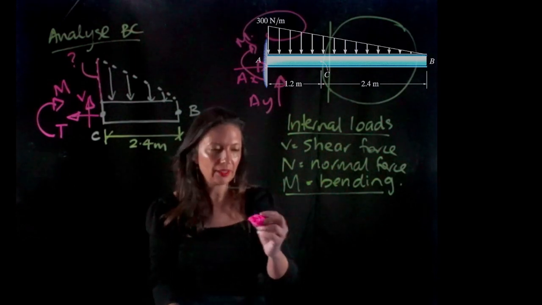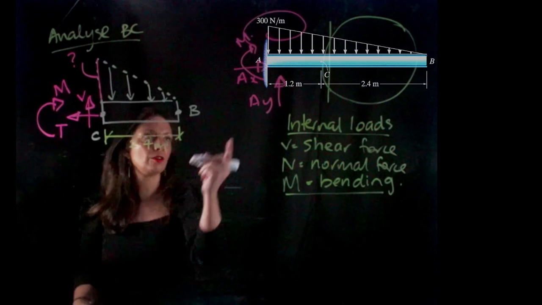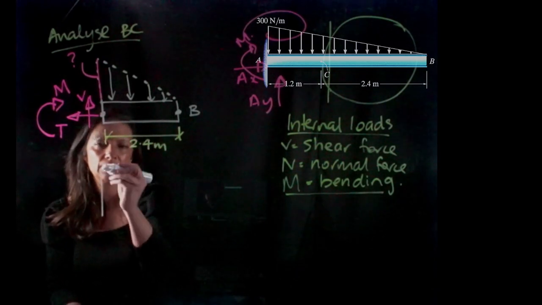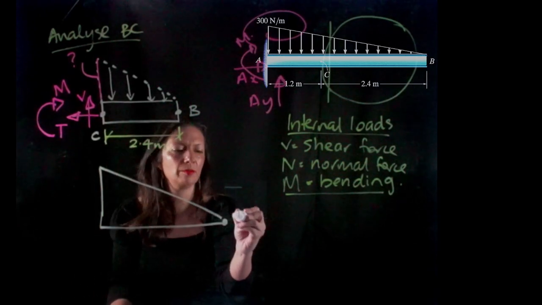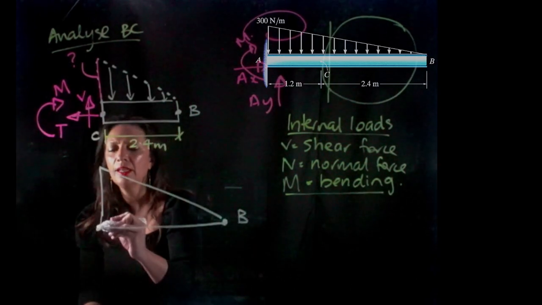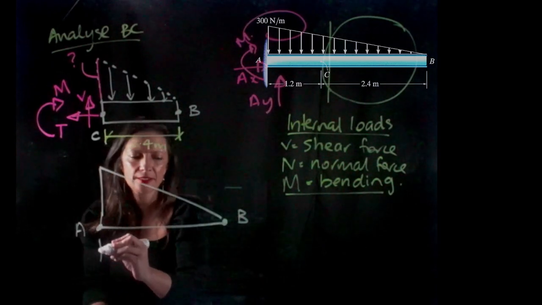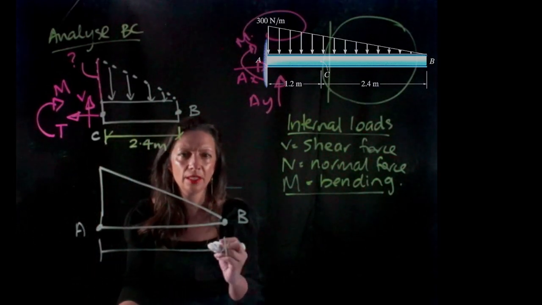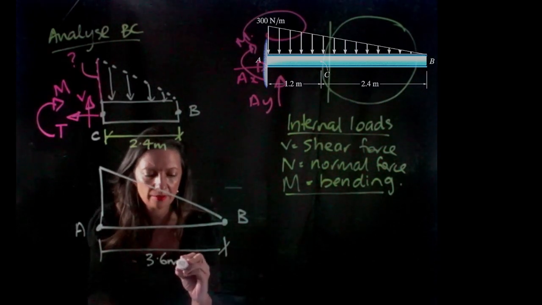So I'm just going to draw the original triangle. So this is my beam from B, and this is A, so it's the original, and the distance of the whole beam is going to be 3.6 metres.